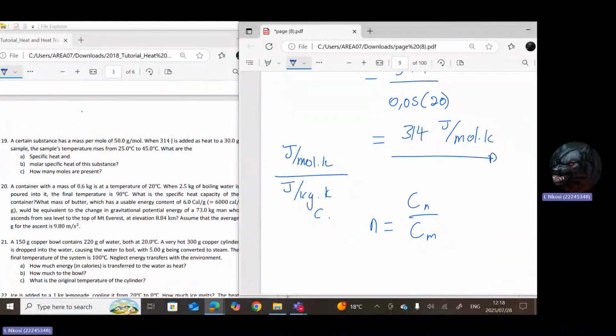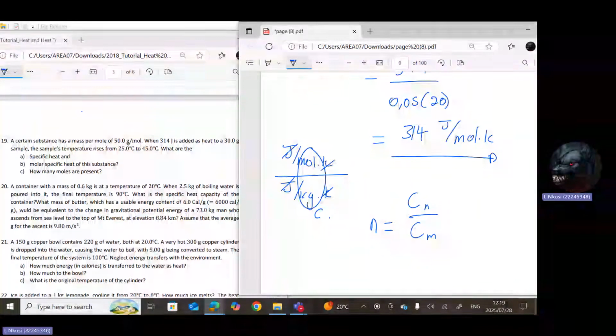The question wanted the amount of moles, so all the other units cancel out and we're left with kilograms per mole, basically. Because the mole is given in grams per mole.